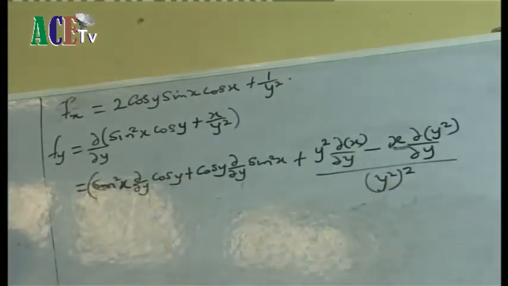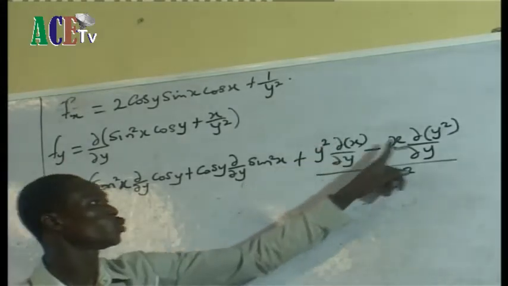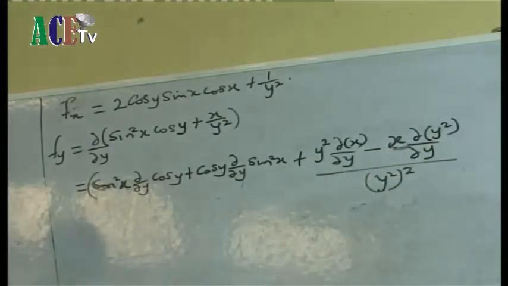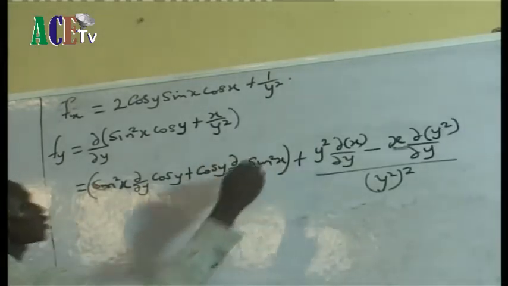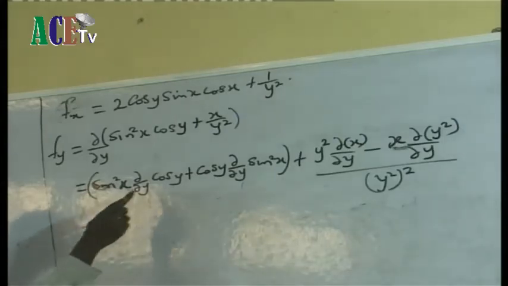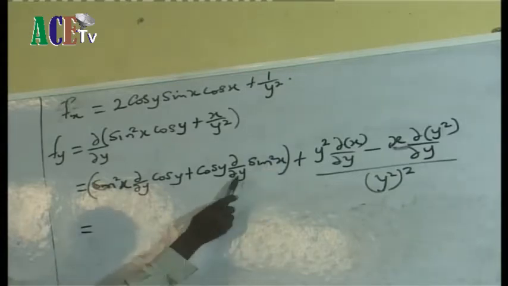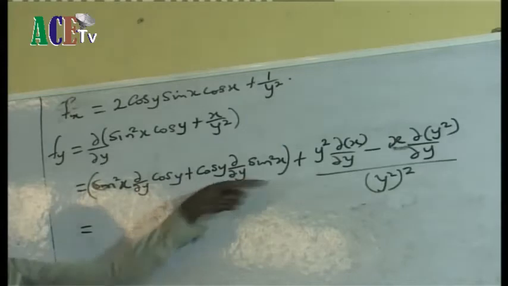Yes. This is v du dx minus u dv dx over v square. Then, from that angle, I'll cover this. From this angle, don't forget, the derivative of x with respect to y will be 0. Everything here will be 0.